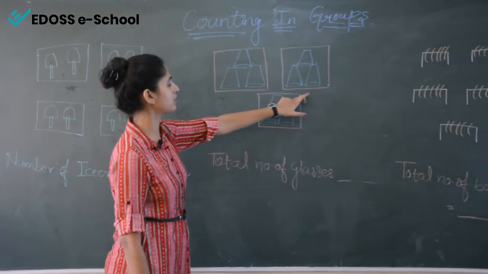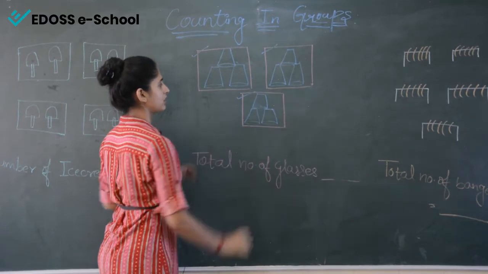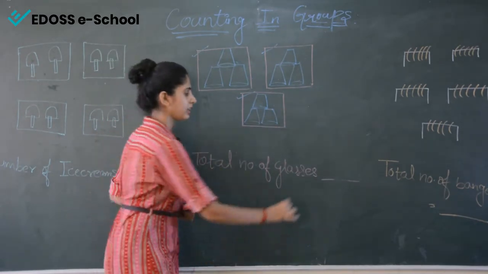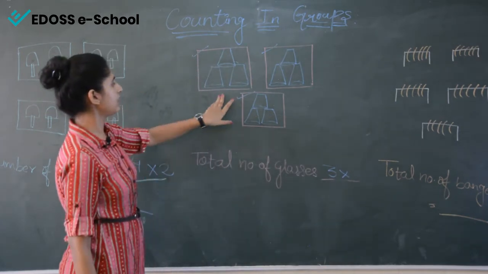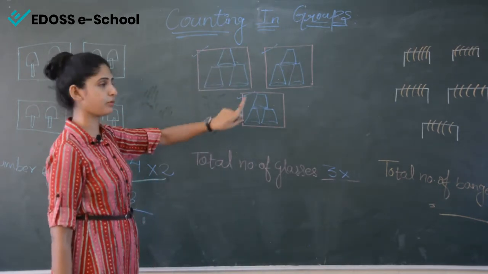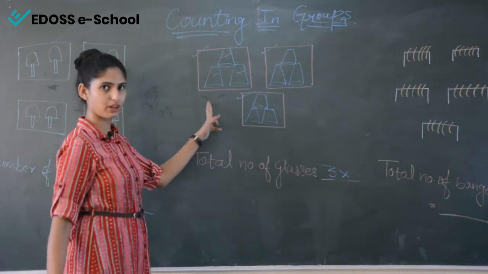So first count the number of groups. 1, 2, 3. So here the number of groups is 3, multiplied by, let's see how many objects are in each group. In this first group here are 1, 2, 3, 3 glasses.